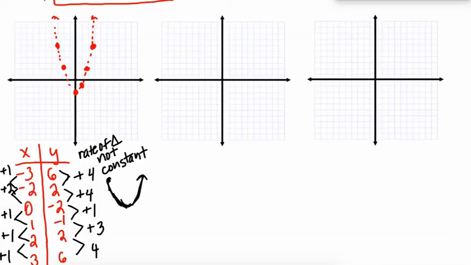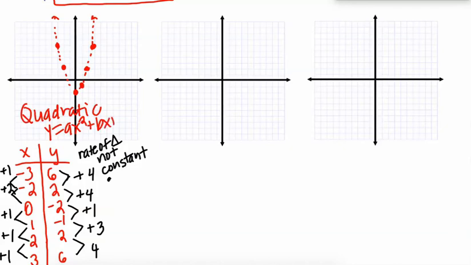So something is happening there that's making that quadratic. So this first one is definitely quadratic. Okay, the rate of change is not constant. So I'm going to write quadratic here. That's y equals ax squared plus bx plus c.